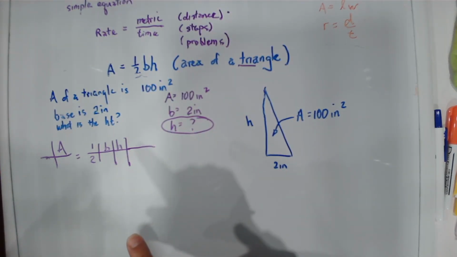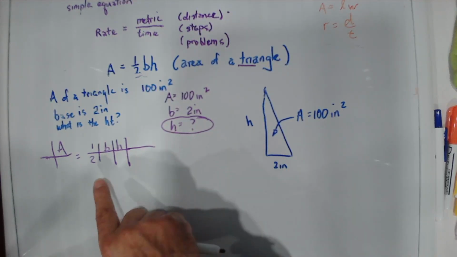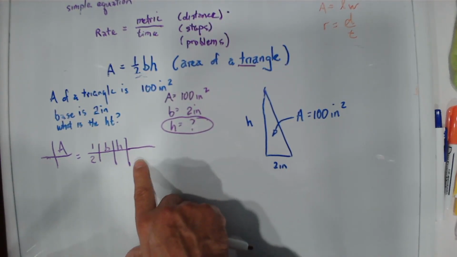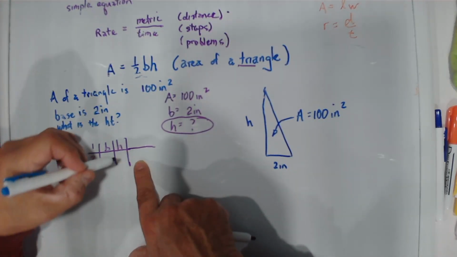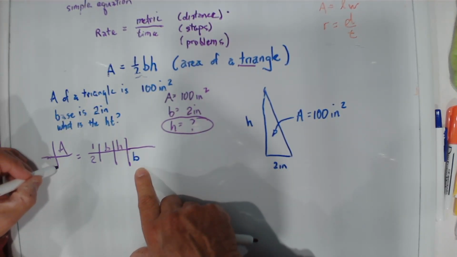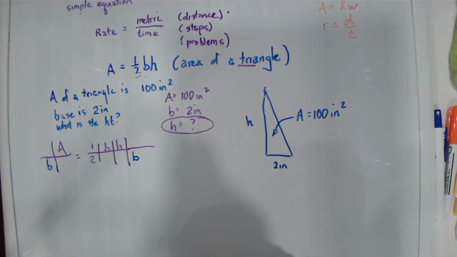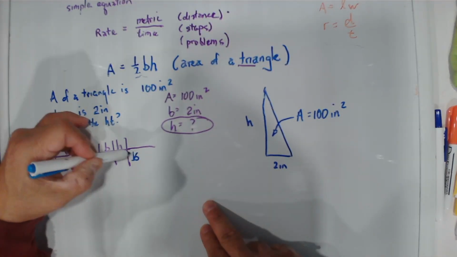Multiply, divide, add, subtract. What do you think? Got the B on top, so to cancel them out, I need to put the B on the bottom. So I'm going to have to do the same thing on this side. I'm going to put B on the bottom. Okay, good. Now I can cancel him out.